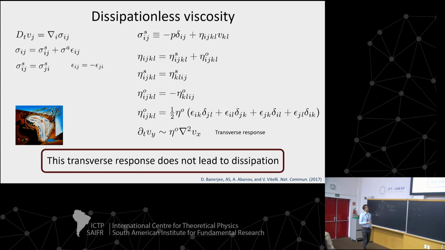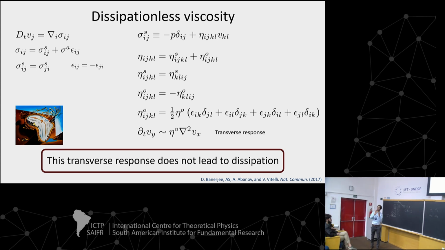And so it's somehow transverse. If you have a force that's transverse to the displacement, their dot product becomes 0, and you no longer have any energy dissipation associated with this term.